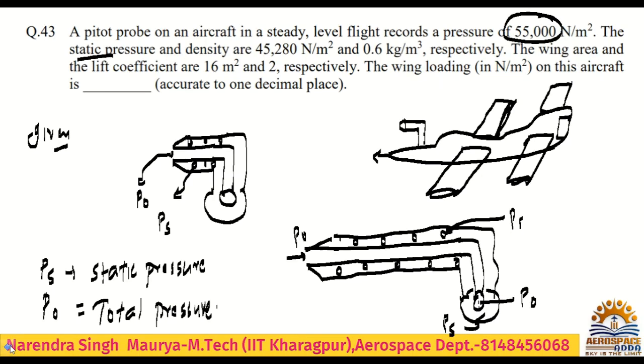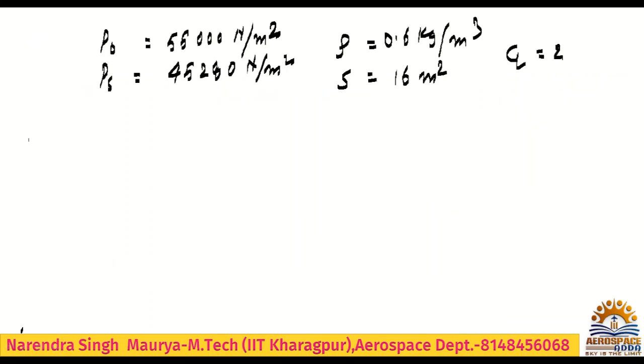The wing loading. What is wing loading? It is the weight of the aircraft per unit wing planform area, that means W divided by S. That is wing loading. So we need to calculate wing loading, small w equal to capital W divided by S. For that reason they have given S. So anyhow you have to calculate weight.